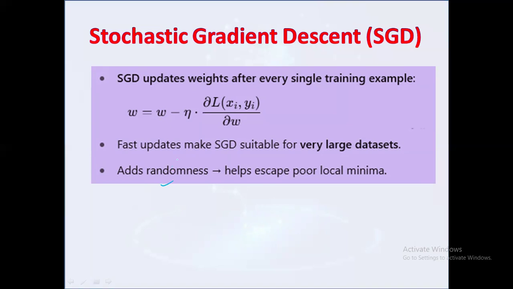It helps the algorithm jump out of local minima and saddle points. Because each step is based on a different sample, SGD introduces variability, but it still converges efficiently with proper tuning of learning rate and iterations.